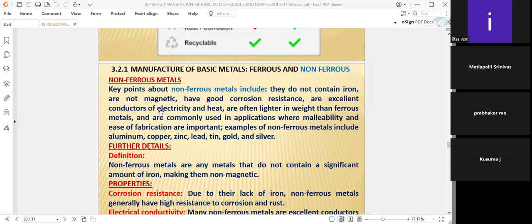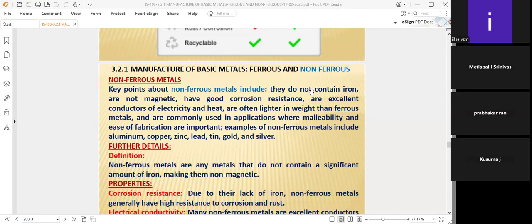They are excellent conductors of electricity and heat, are often lighter in weight than ferrous materials, and are commonly used in applications where malleability and ease of fabrication are important. Malleable means it can easily bend and be shaped. Examples of non-ferrous metals include aluminum, copper, zinc, lead, tin and gold. So these are the important points.